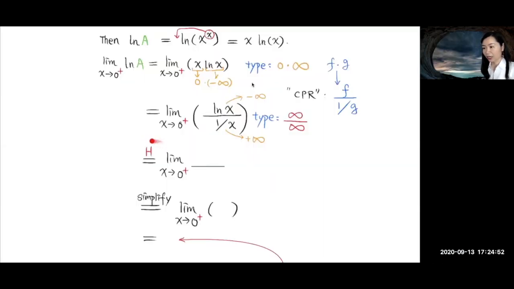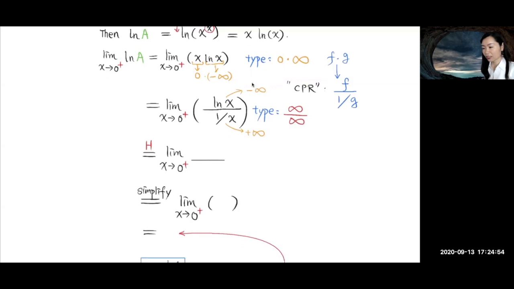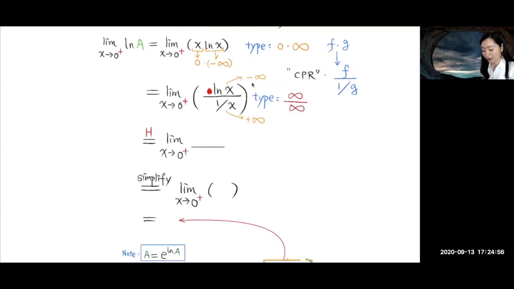So we rush to the hospital. Applying L'Hopital's rule, we differentiate the numerator and the denominator separately. The derivative of Ln of x is 1 over x, and the derivative of 1 over x is negative 1 over x squared.